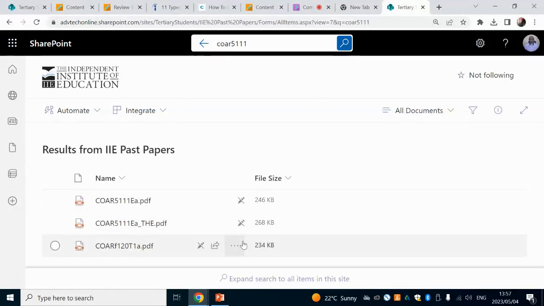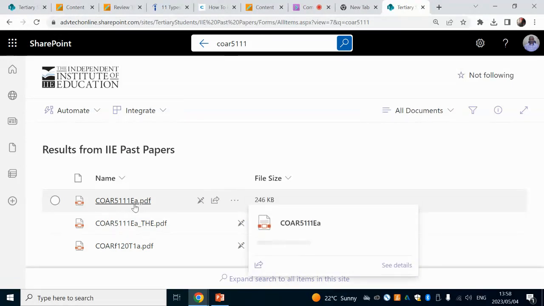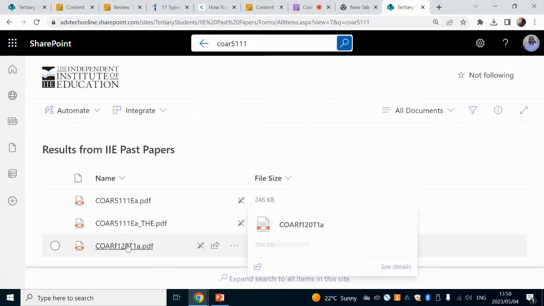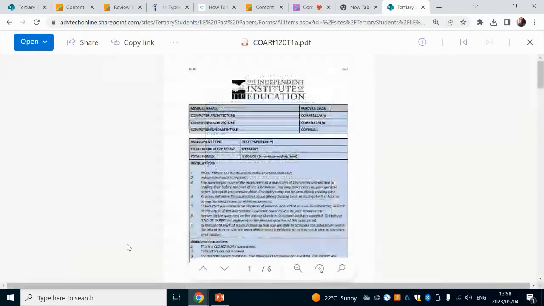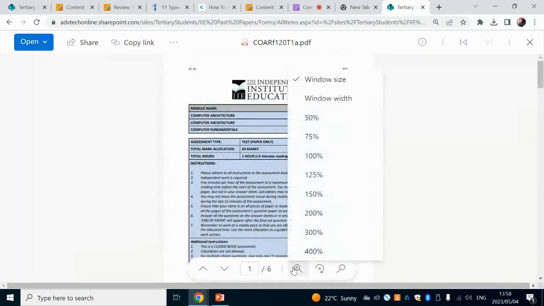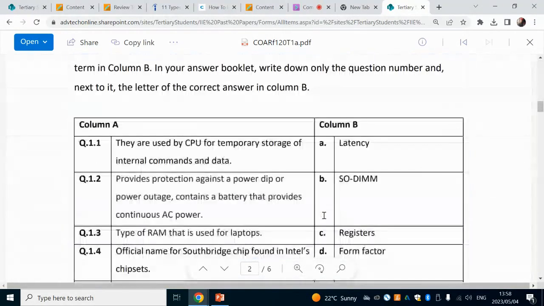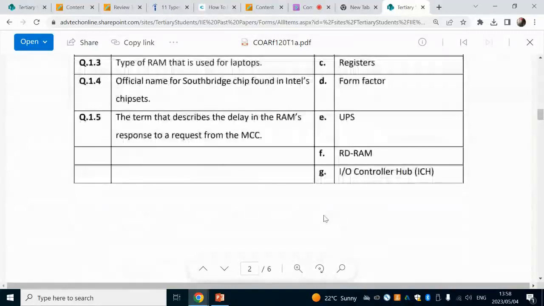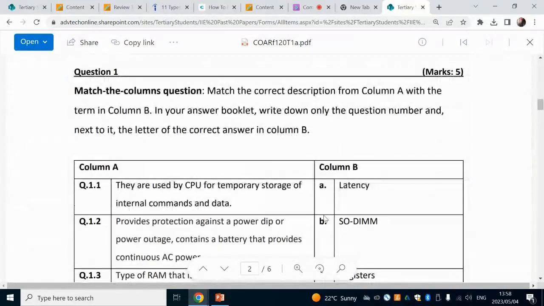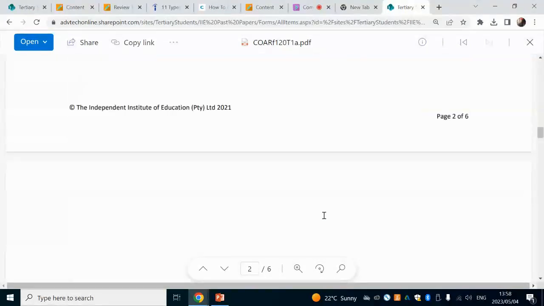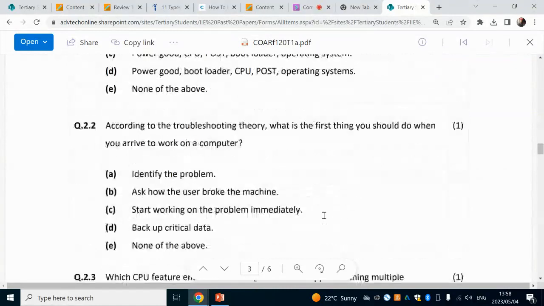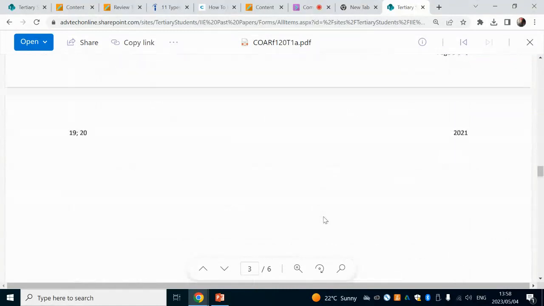So I can see if I've searched for COAR 5111, there's exam and there's a test paper here. So I'm going to look at the test paper to give me an idea of what type of questions were asked previously. So question 1, matching the columns. Question 2 was multiple choice questions.